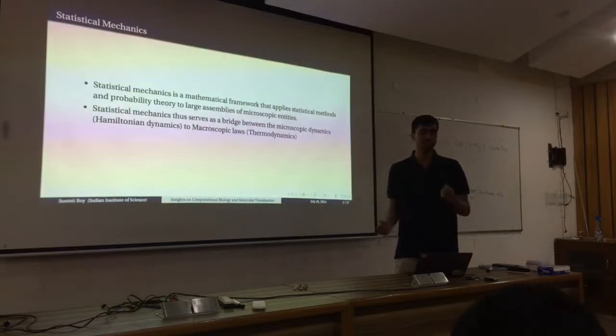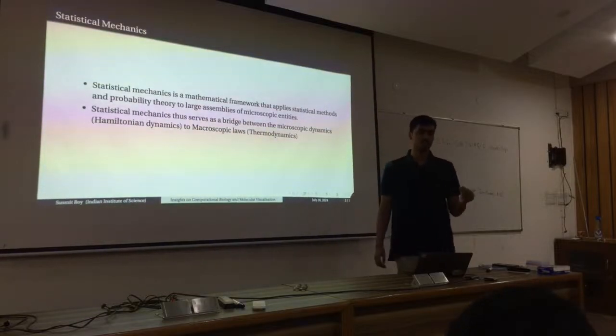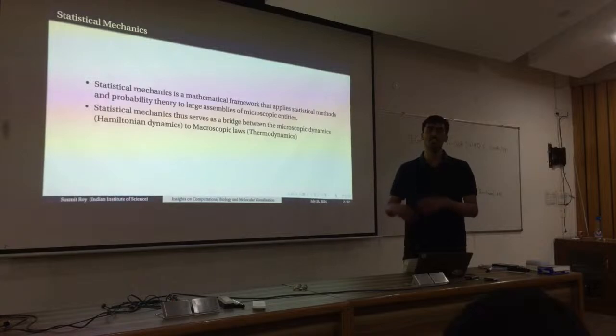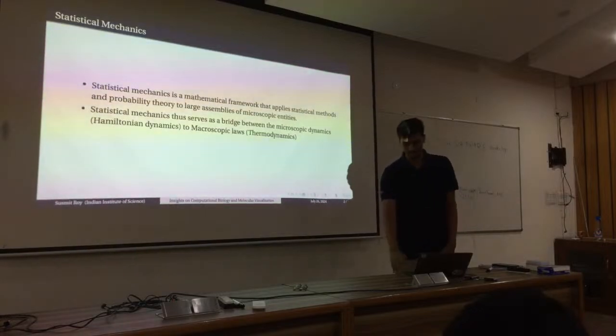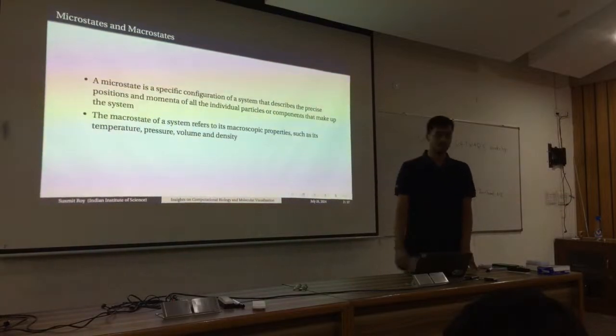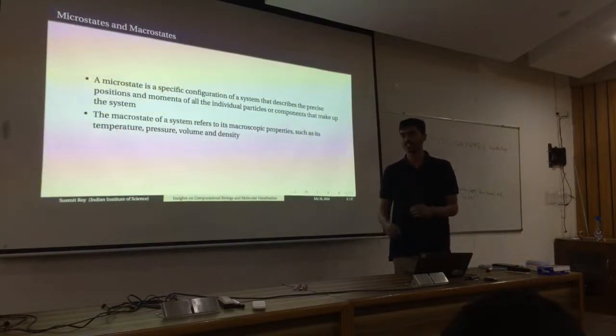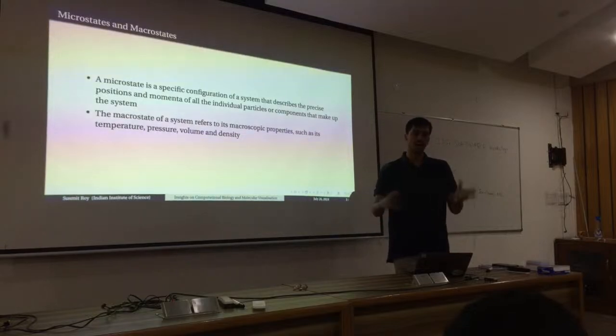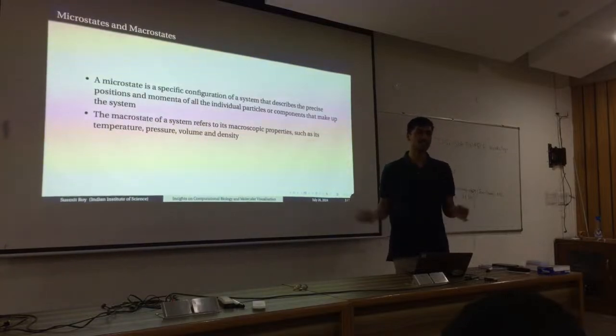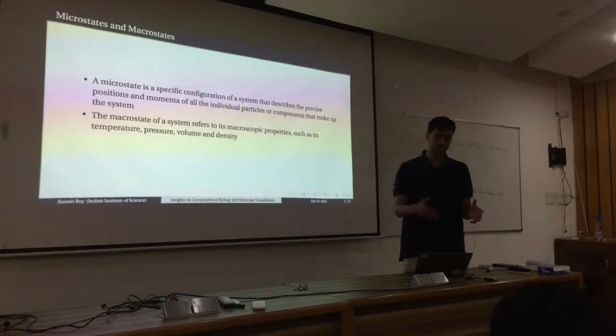This is like a bridge between the microscopic Newton's laws and the macroscopic thermodynamics. So you need to know what a microstate and a macrostate is. A microstate is the microscopic configuration of the system which the system is in.